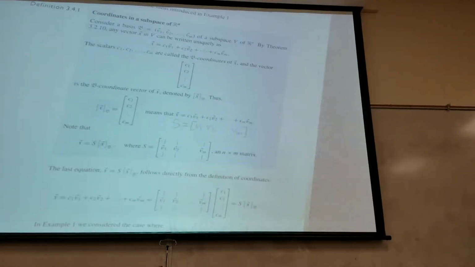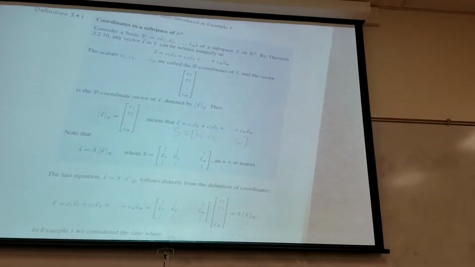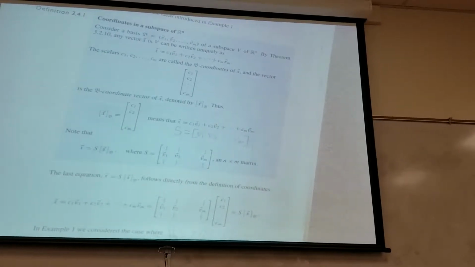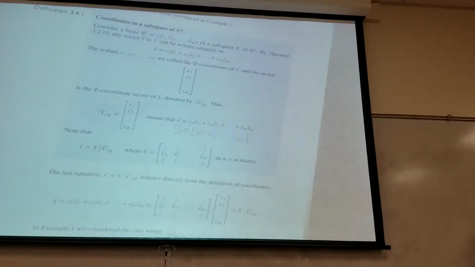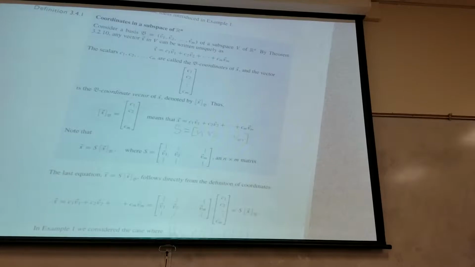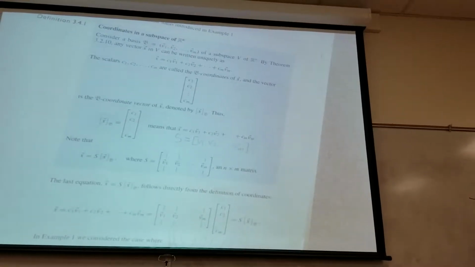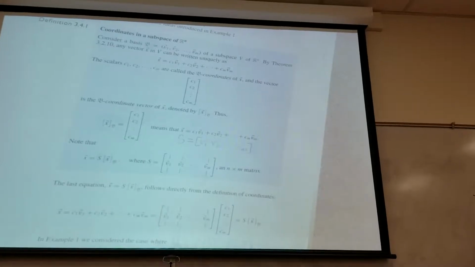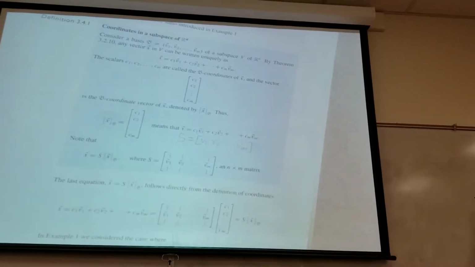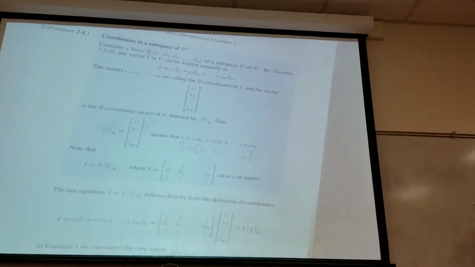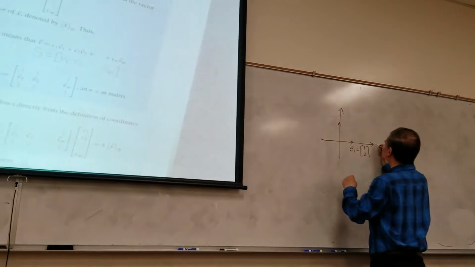What is the standard basis? In R2, the standard basis is E1 and E2, right? So do you remember what E1 is? This is E1. That's (1, 0), right? So that's a unit vector in the positive x1 direction.